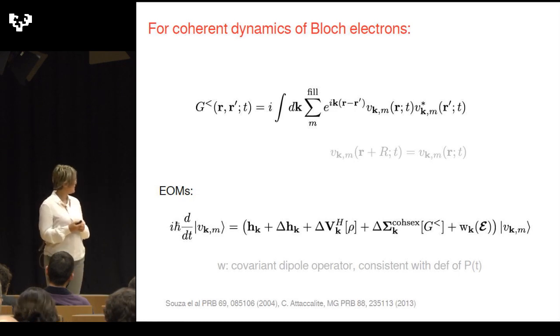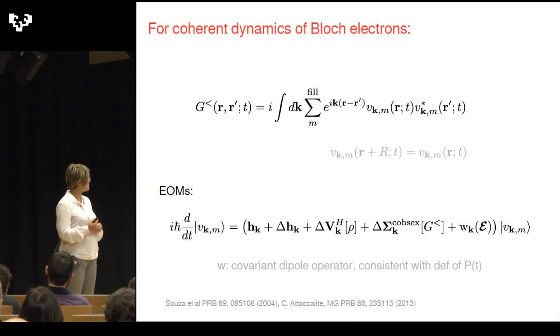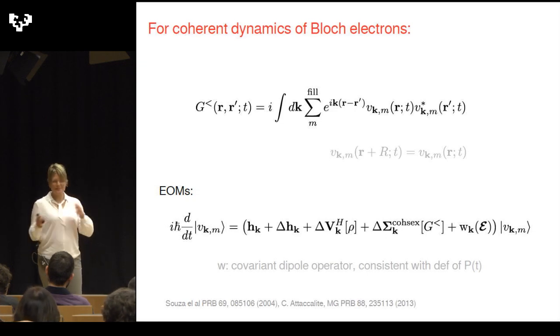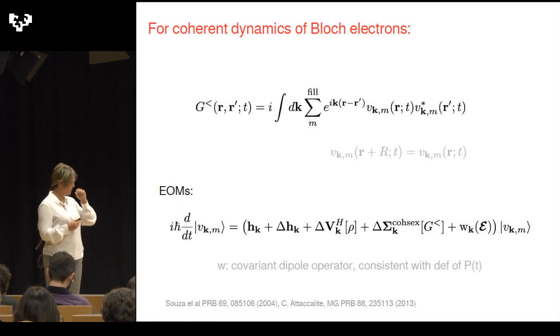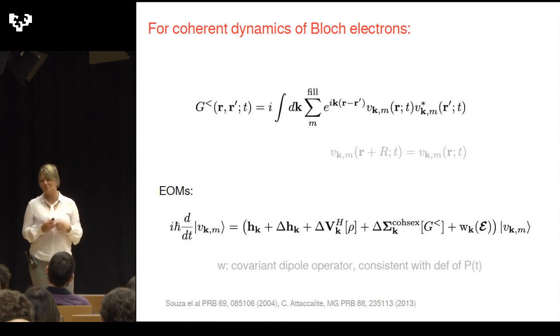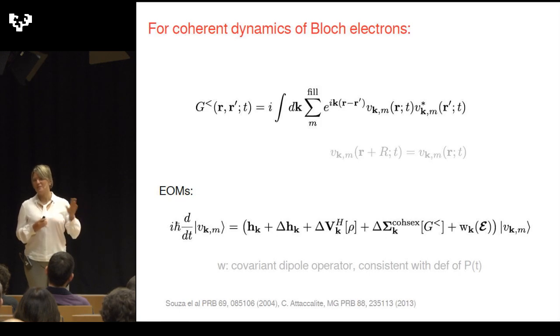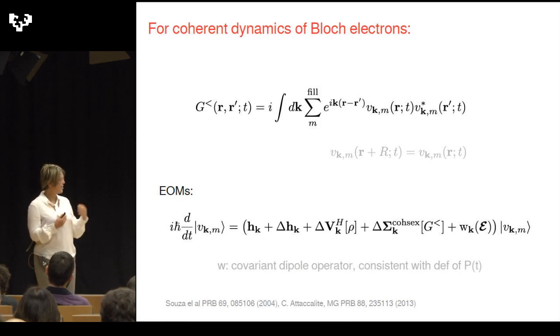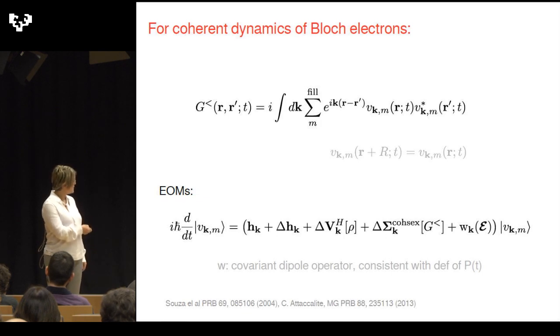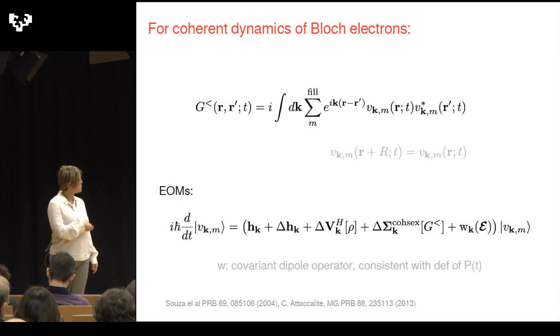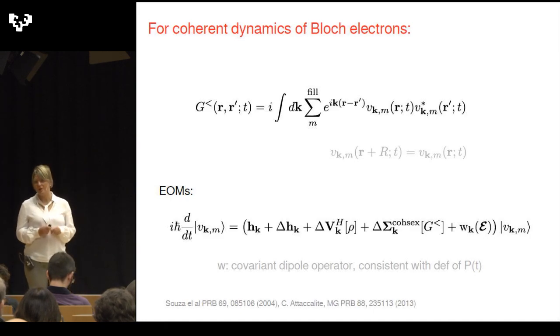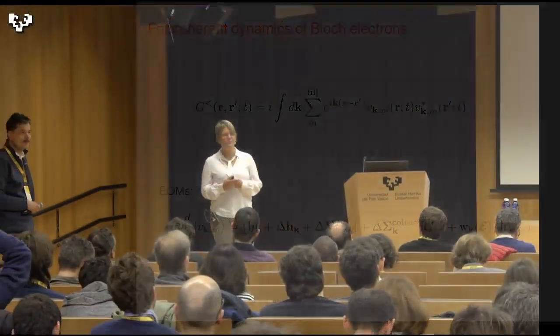So the current has its own problems. It's possible. We are now trying to implement both, going on instead of using a length gauge, using a velocity gauge. But there are problems there as well, numerical problems. But the biggest problem is that you would need to include the contribution that comes from the nonlocal part. And in this case, you don't have this problem.